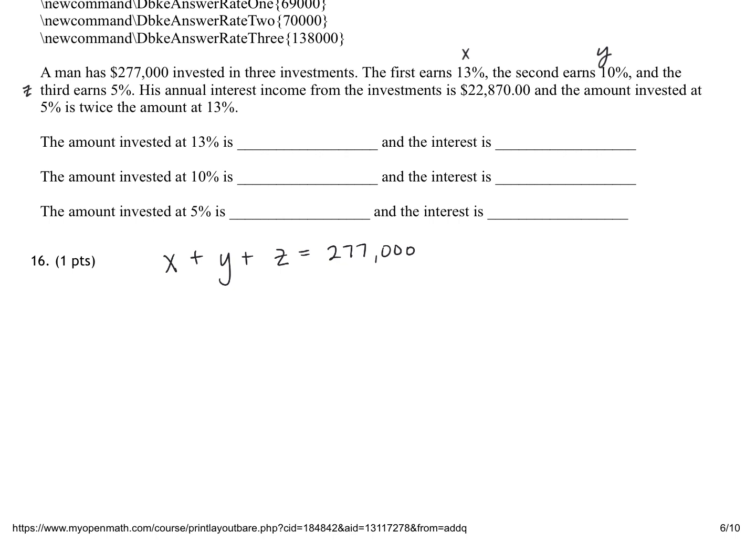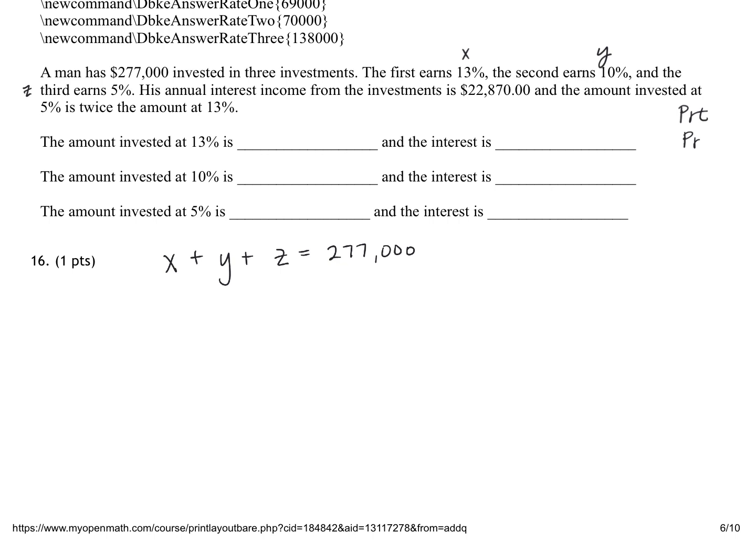Okay, so next we know the annual interest. Remember, we're going to assume this is simple interest, so that's principal times rate times time. Since time is 1 year, it's just principal times rate. So we can make another equation with all of the rates.